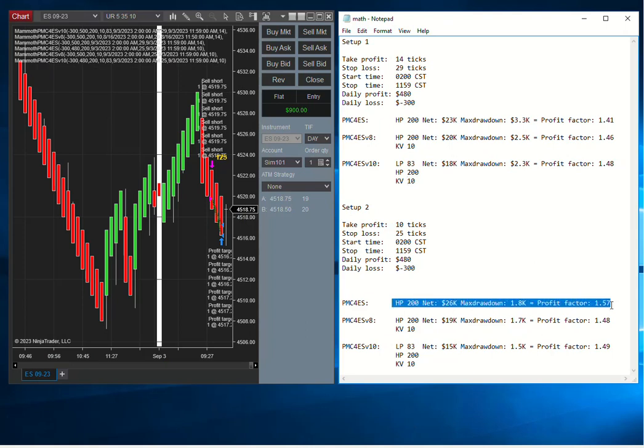Okay, with the 10 ticks and 25 ticks setup, and then daily loss and profit. Now, what I'm trying to show you is that you can use the strategy.